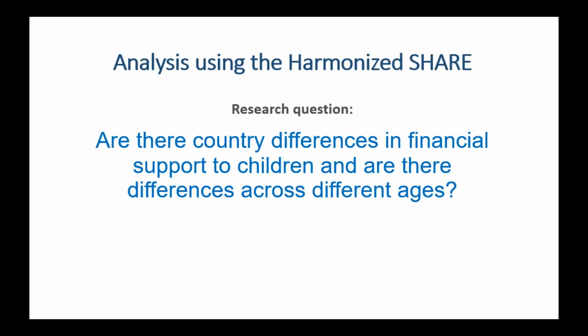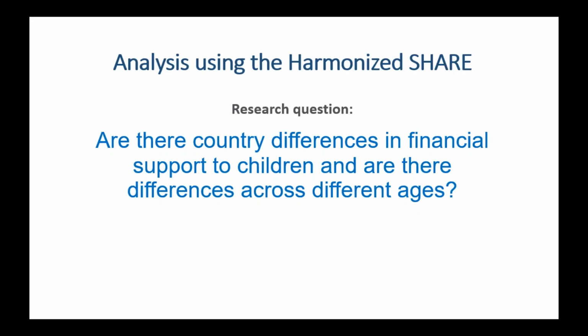So we're going to pose a research question. And that question today is, are there country differences in financial support to children, and are there differences across different ages? We just recently, as of this morning, updated our harmonized SHARE data set. We're constantly expanding these data sets. And one of the sets of variables that we added to this data set was these measures of financial transfers between parents and children and other relatives.